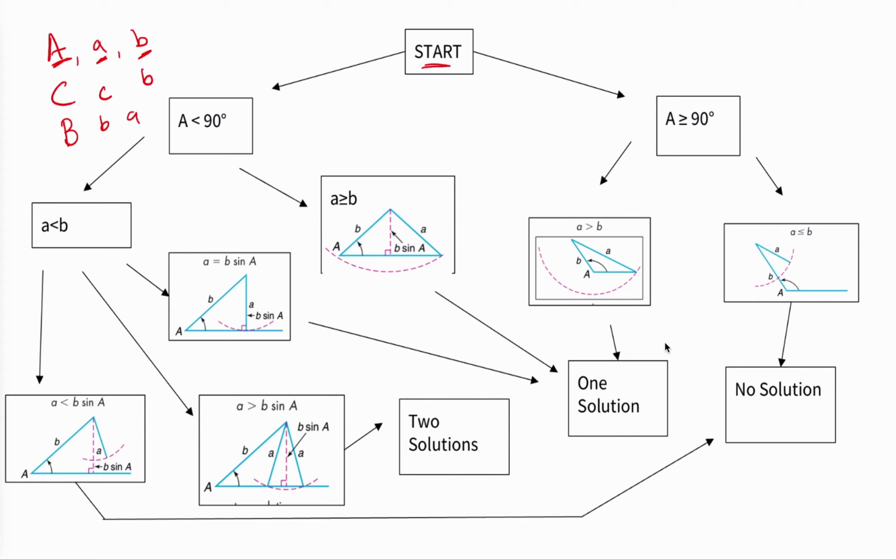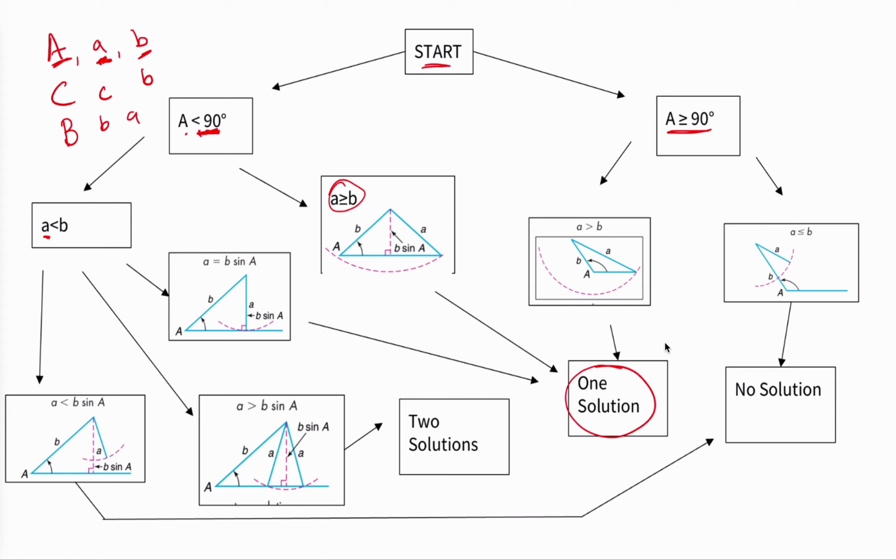First, check: is your angle greater than 90 degrees or less than 90 degrees? If your angle is less than 90 degrees, is the side opposite your angle bigger or smaller than your other side? If it's bigger or equal, you're in this scenario, and there's only one solution.